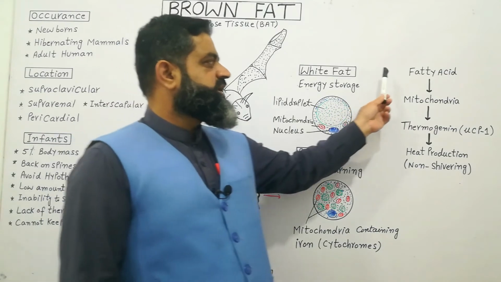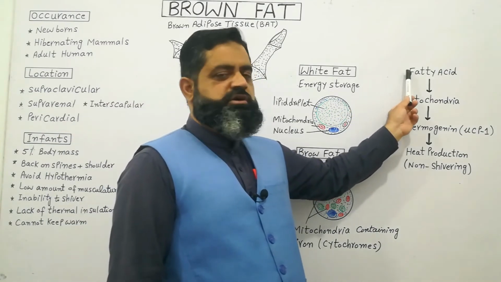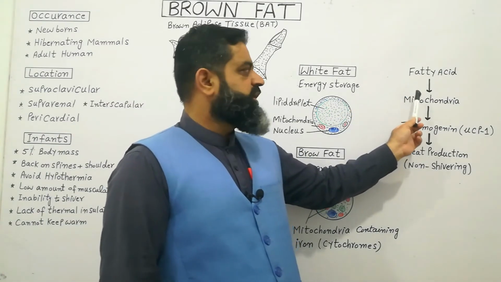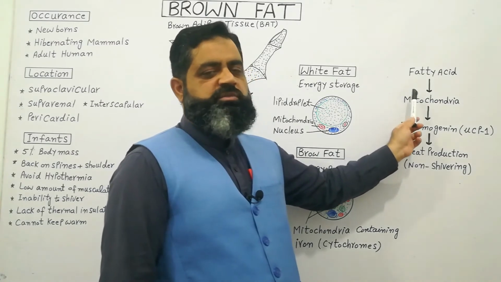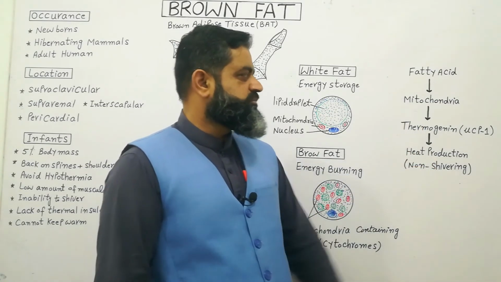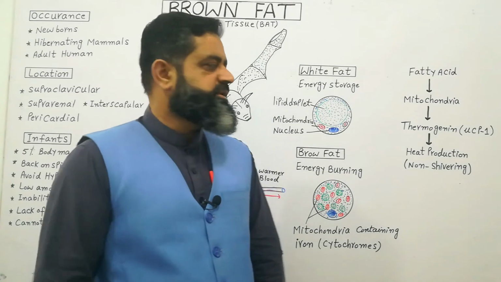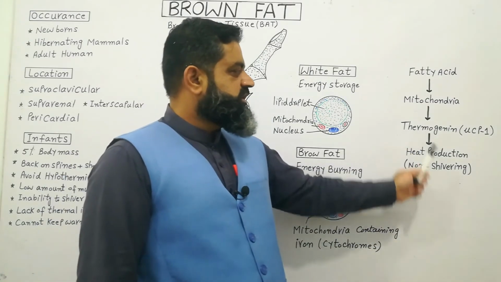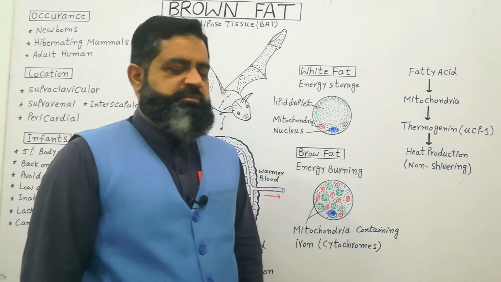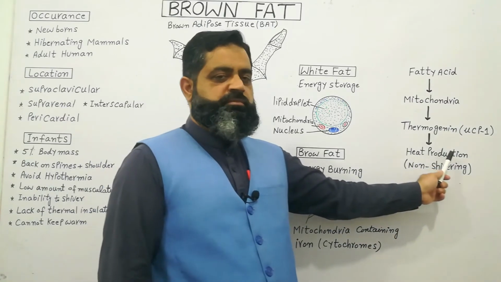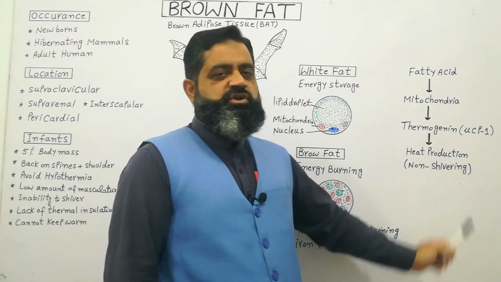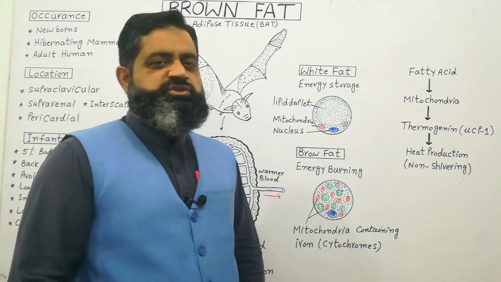First of all, fatty acids from the fat molecules are transported to the mitochondria, where the mitochondrial membrane contains a protein known as thermogenin, also known as UCP1. Then this UCP1 transports H positive ions across the membrane and produces heat, which is known as non-shivering thermogenesis. There is no ATP production.